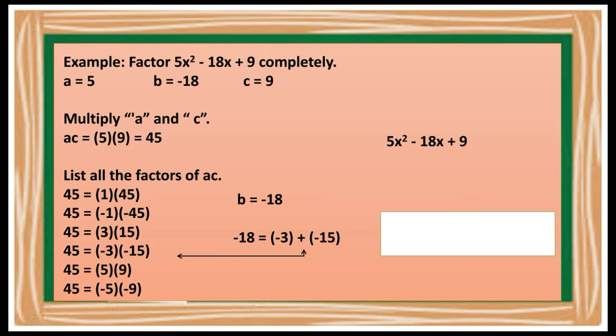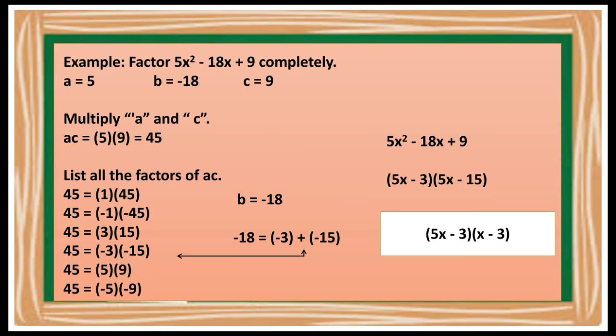So the expression 5x squared minus 18x plus 9 could be factored by first copying the leading coefficient 5 with the variable x and partnering them with the factors negative 3 and negative 15. And note that the 5x minus 15 can still be reduced into x minus 3, since we can divide it by 5.